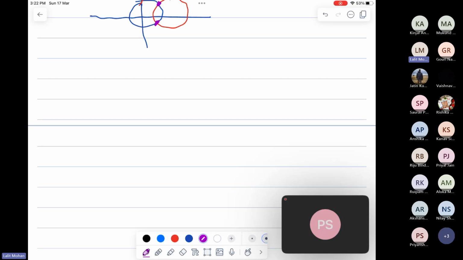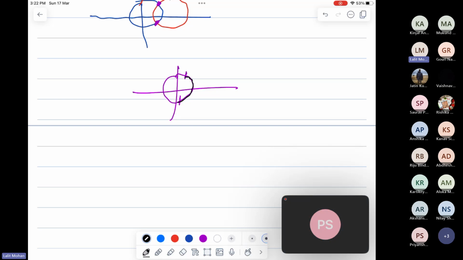You can always find a path along the circumference. If one point is here and one point is here, you reach from here to here within the set via the circumference. So every circle is path connected, and path connected implies connected.